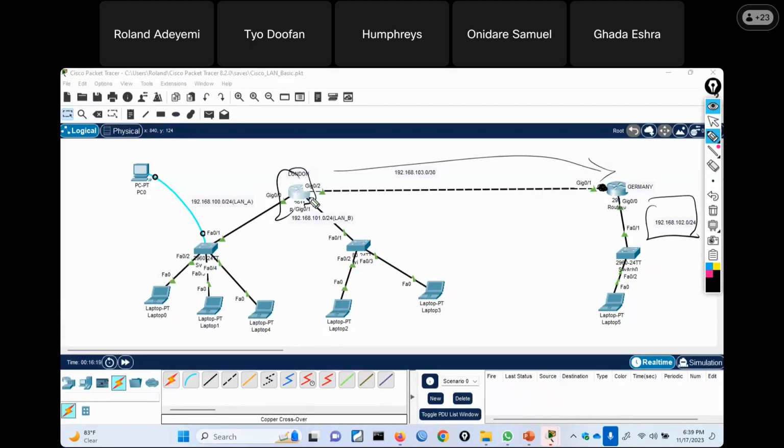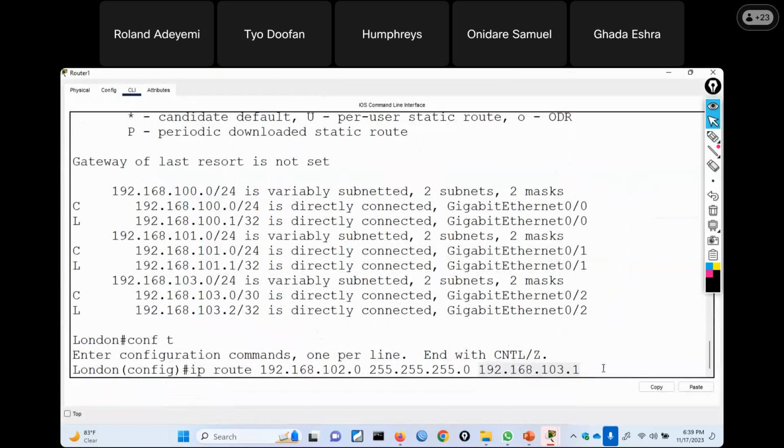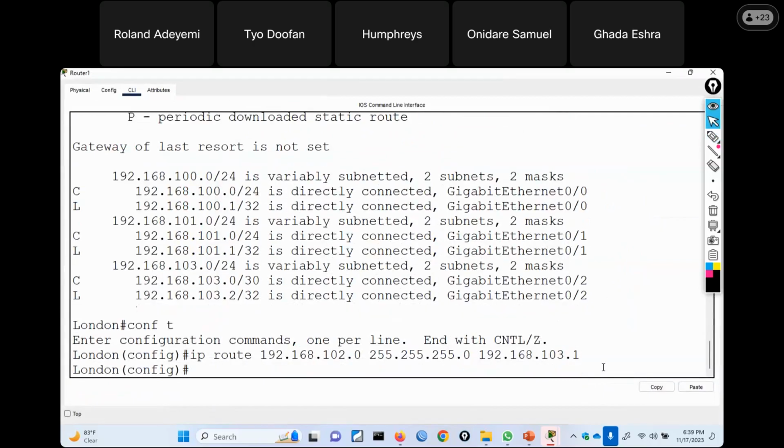If you get any message, it's not your business, it's not your headache, just send it to this router. This router will sort it out. By the time we are done with that, we hit enter and we are done. We have informed our router about 192.168.102.0 with this subnet mask, send it to this.